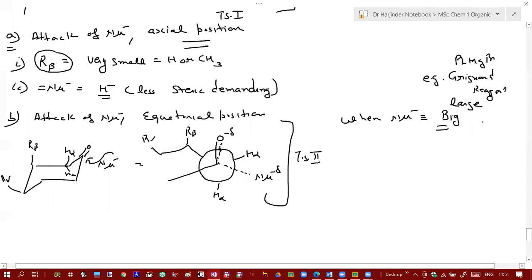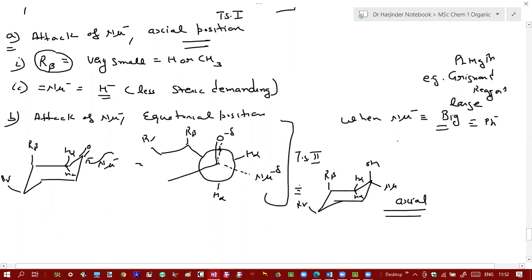In that case the nucleophile will be phenyl, and it cannot be added from the axial position because of the steric hindrance. So it will prefer to go from the equatorial position to give the axial alcohol as the major product.